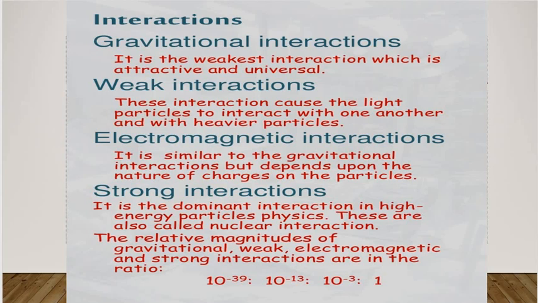And you know that gravitational interactions are the weakest interaction existing in the universe. It is a universal interaction and it is attractive in nature. ഏതൊരു മാസും പരസ്പരം, 2 മാസുകളും പരസ്പരം അട്രാക്ട് ചെയ്യപ്പെടുന്നു. In a similar way, Earth attracts all the bodies on its surface towards its center.